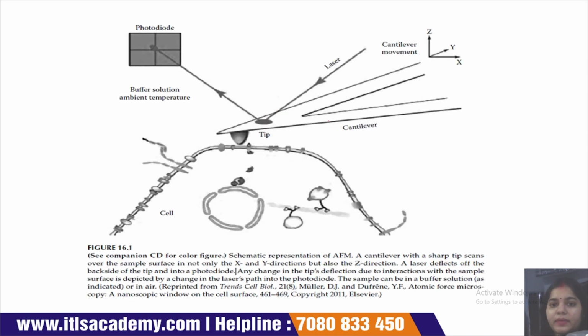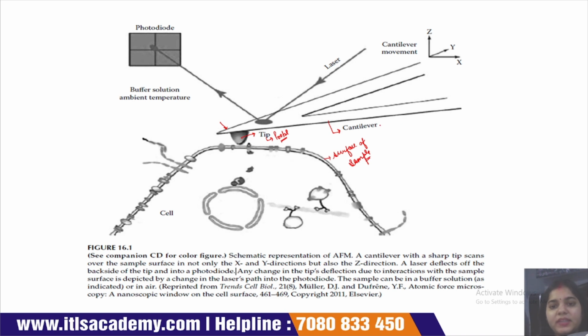This is the cantilever and this is the tip. Basically, this is the probe tip, and this is the surface of the sample.